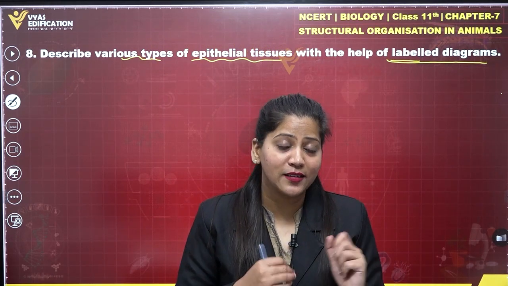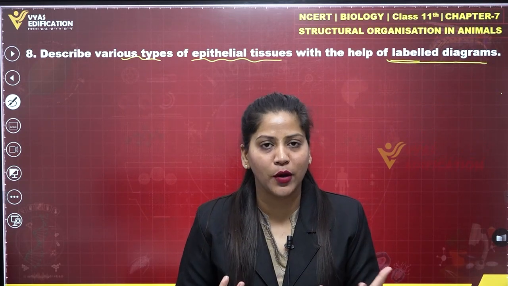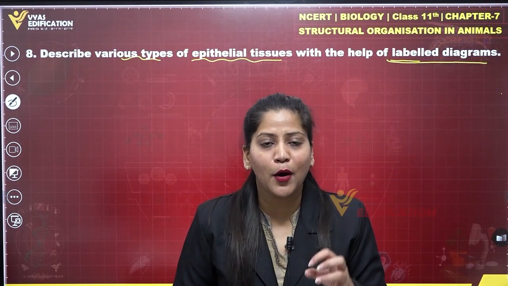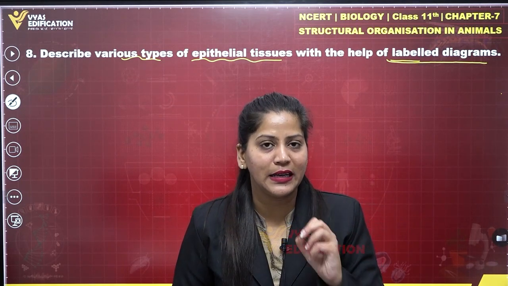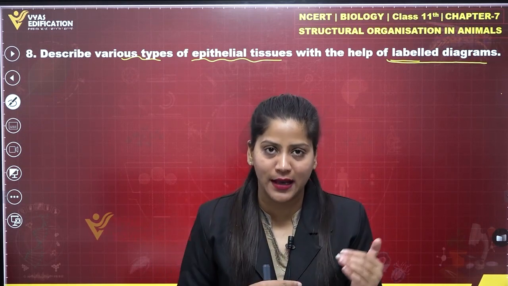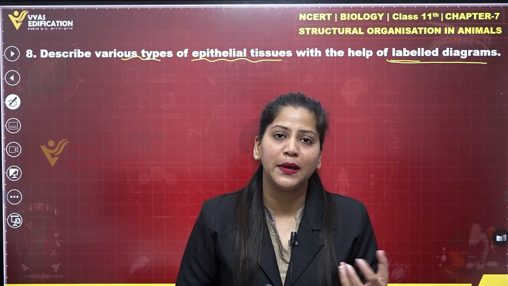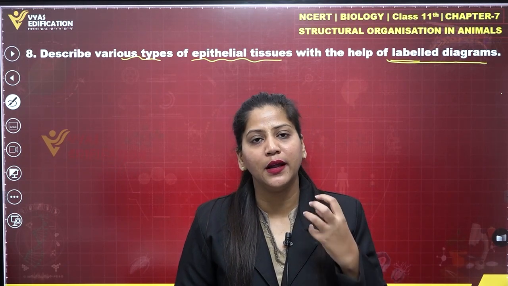Another type of epithelial tissue is compound epithelium, which is made up of many layers of cells, right? That is why we call it compound epithelium or compound epithelial tissue.